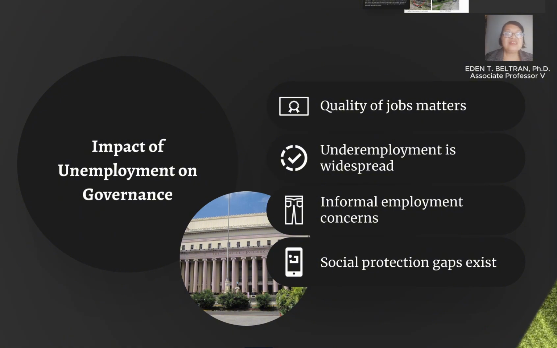Okay, so these are considerations when we look at employment or unemployment.